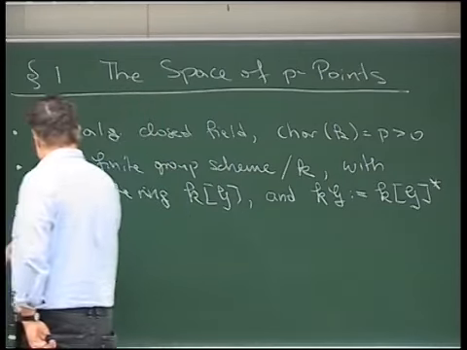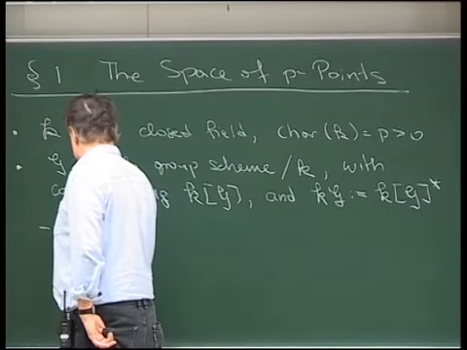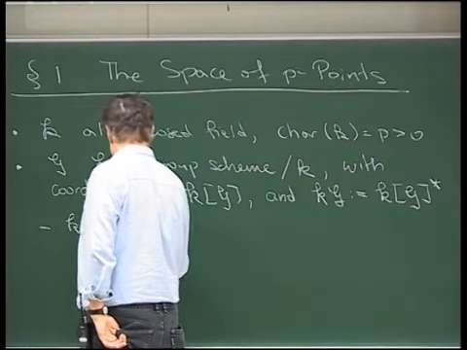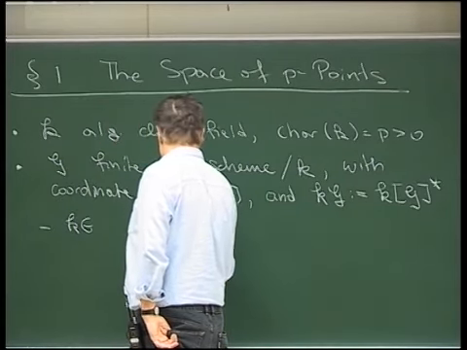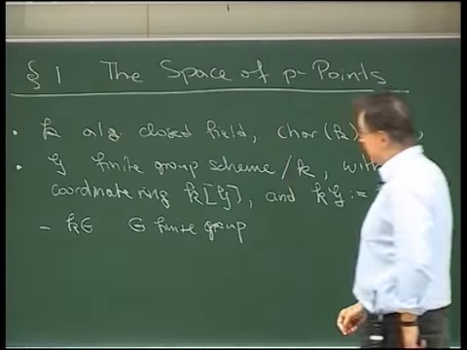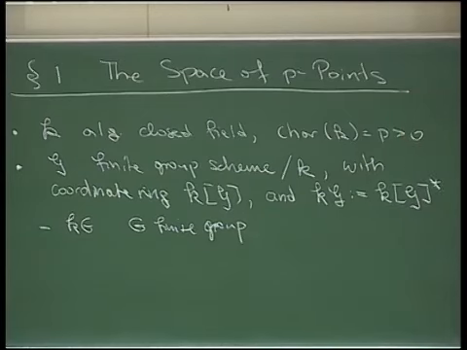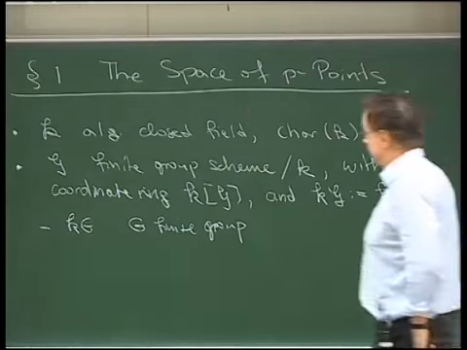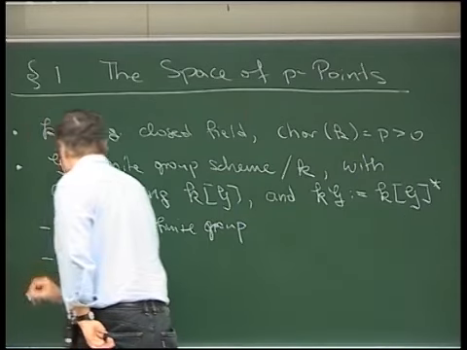So if you're not familiar with this, of course, one example is K of G, the group algebra of a finite group. And if the characteristic were 0, then this would be the only example, and all algebras in question would be semi-simple by Maschke's theorem.